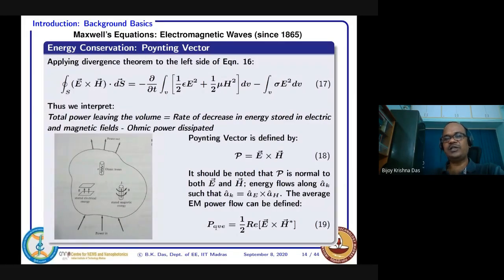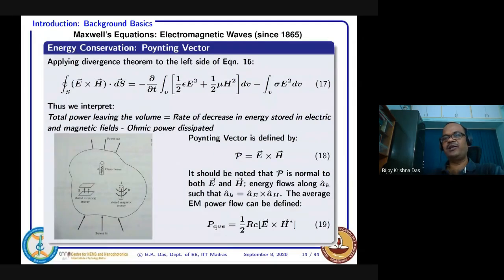Then you can find how much energy is flowing. So this is the ultimate. If you have some way of measuring electric field and magnetic field, then you can find out what is the average energy flowing out at a particular point per unit area. Okay. So this is important.